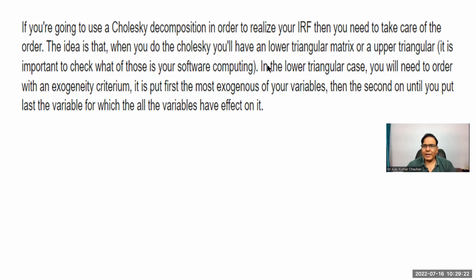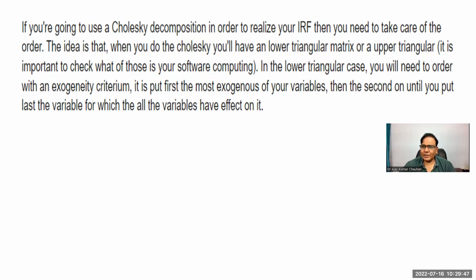So in the lower triangular case, you need to order with an exogeneity criterion. You put first the most exogenous of your variables, then the second, and so on until you put last the variable on which all the other variables have an effect. It means in the last position you have to keep the most endogenous variable in the equation.